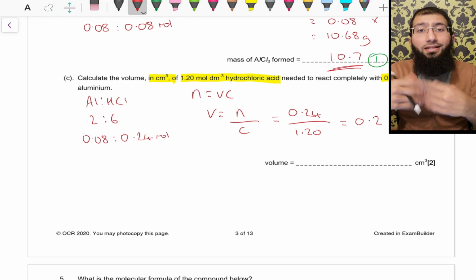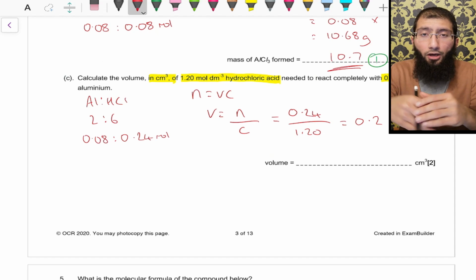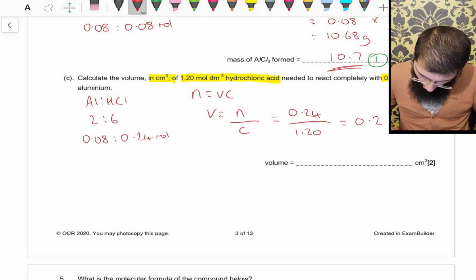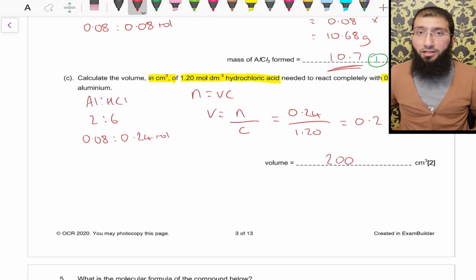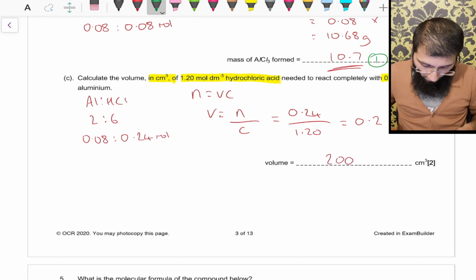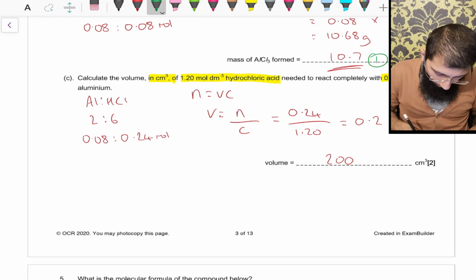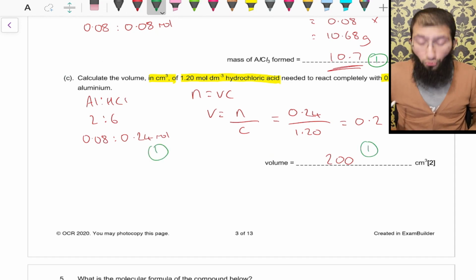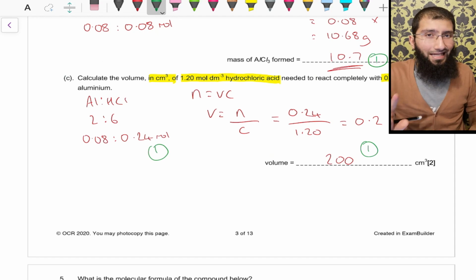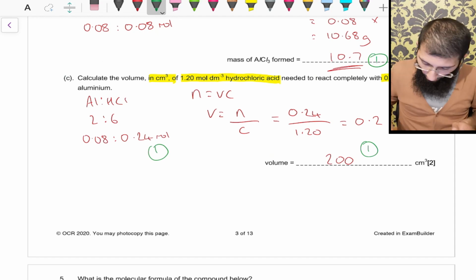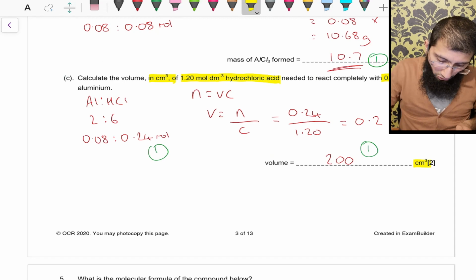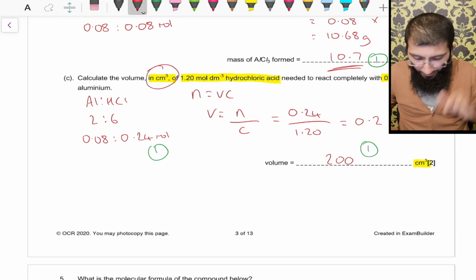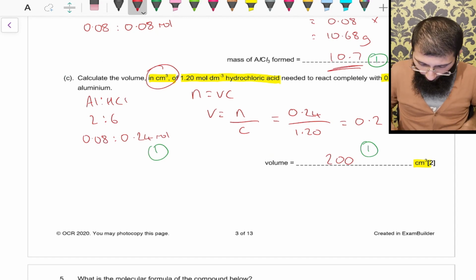To convert from decimeters cubed to centimeters cubed, you multiply by 1,000. So that's going to be 200 centimeters cubed. Now for this question, you're going to get a mark for working out the moles of HCl as 0.24, and a mark for working out the volume as 200 centimeters cubed. Always consider what units you're asked to work out or state your answer in. And it says it in the question twice.